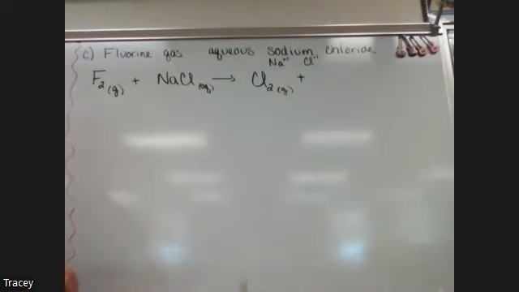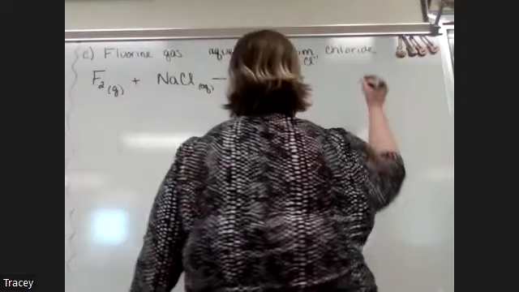Now, remember how we write ionic compounds. It's not going to be F and Na. We always write the cation first, and in the case of non-metal replacements, the metal is going to be written first. Some students write the non-metal first. It's not the case. You always write the metal first.